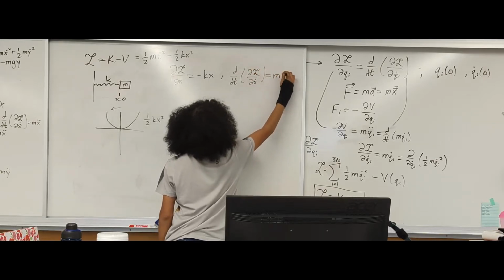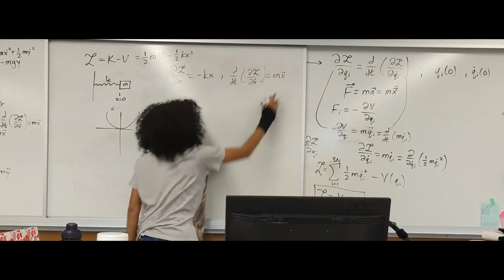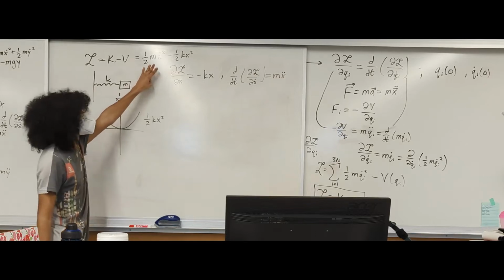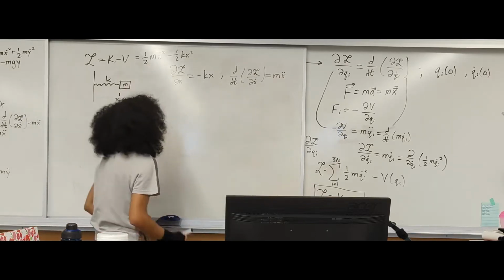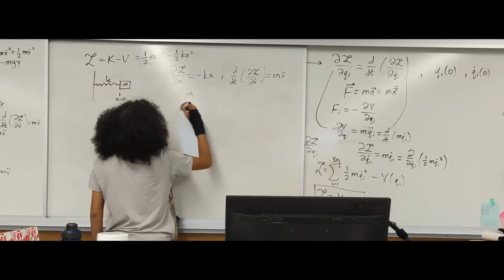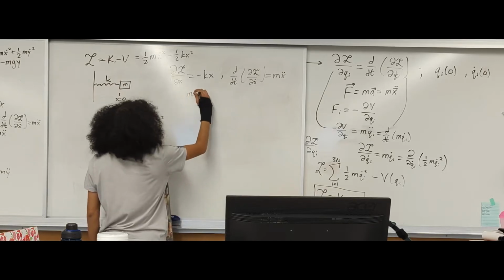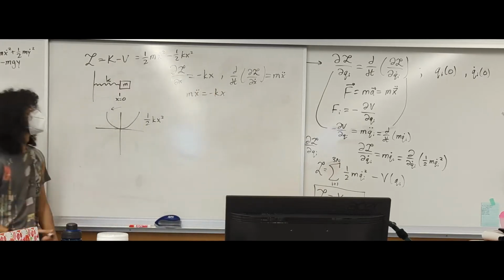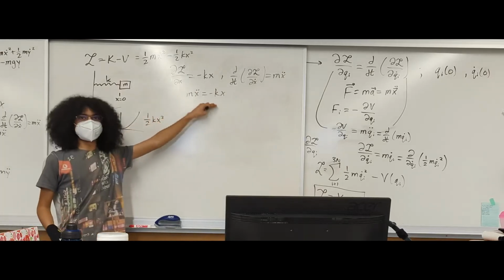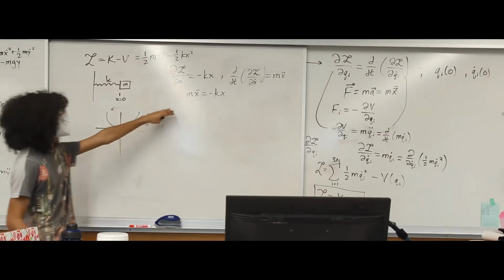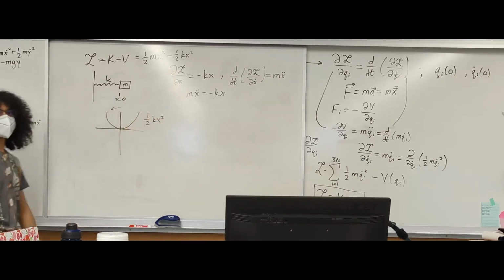As long as we have kinetic energy that looks like this, we'll get this. So the Euler-Lagrange equation gives you this, and this should be pretty familiar. This is Hooke's law, or just the spring force law.